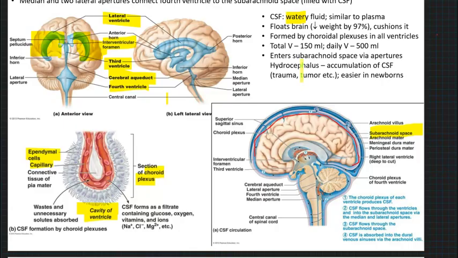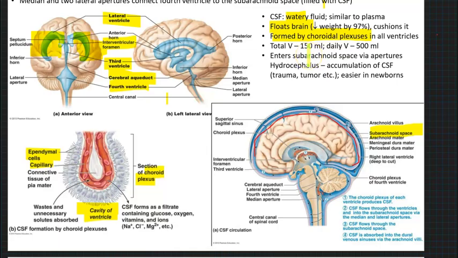Okay? So you can see that since cerebrospinal fluid floats the brain, it basically reduces its weight by approximately 97%. Your brain is literally floating in the water. So we already said that cerebrospinal fluid is formed by choroid plexuses in all four ventricles.